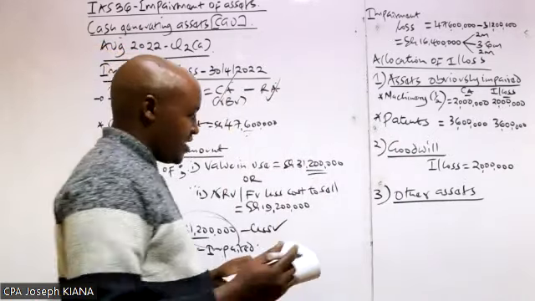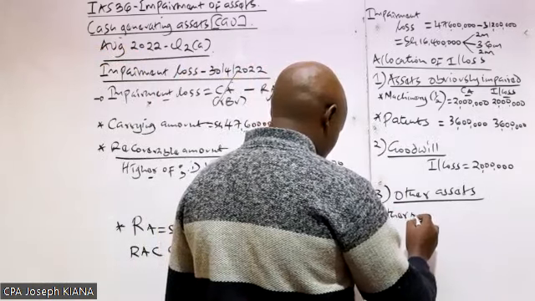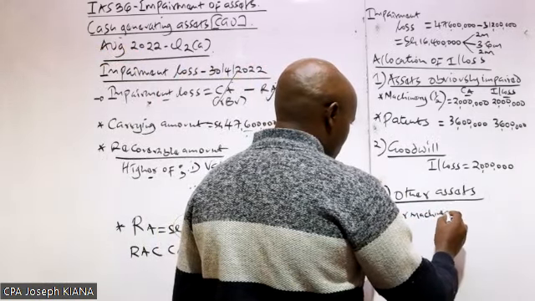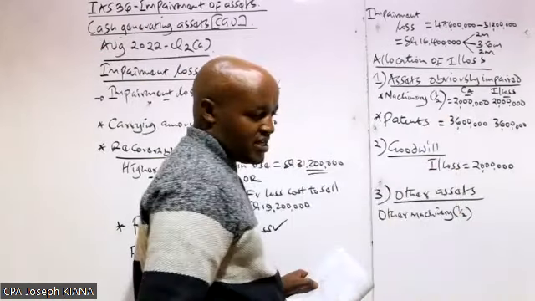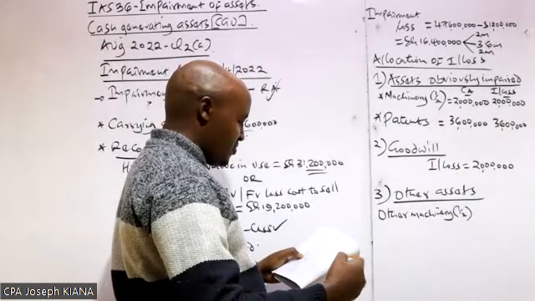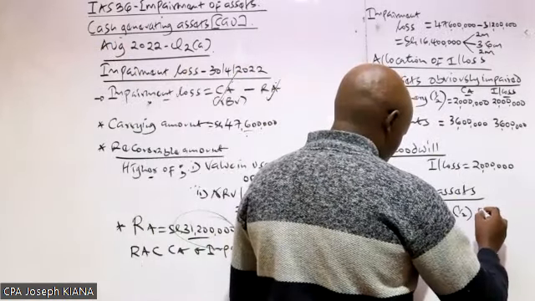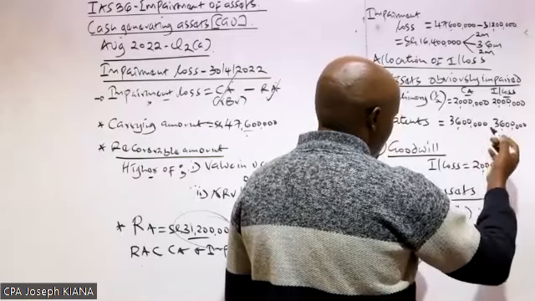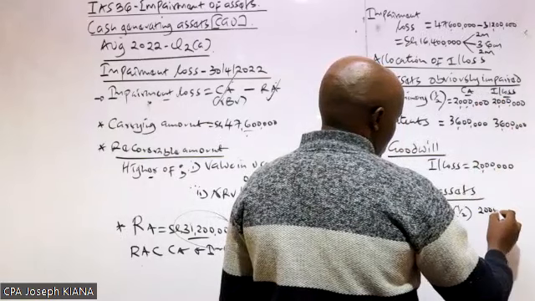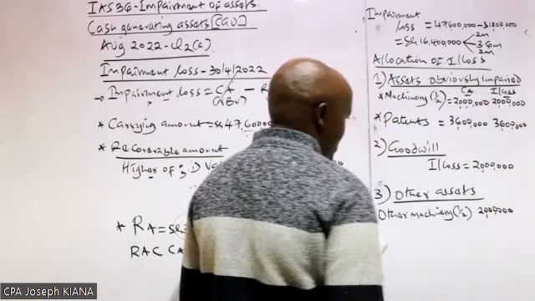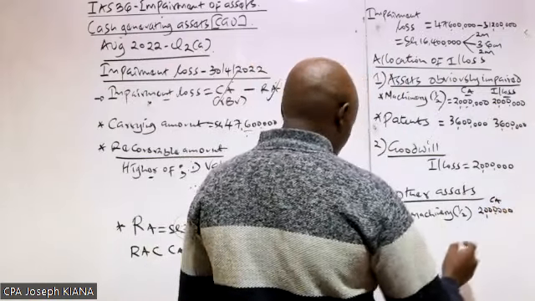So the other assets now include the other machinery. Remember we dealt with half of the machinery. The machinery had a carrying amount of 4 million, and here we dealt with machinery having a value of 2 million, so the other machinery has a carrying amount of 2 million.